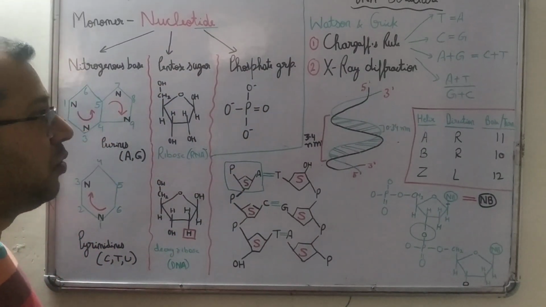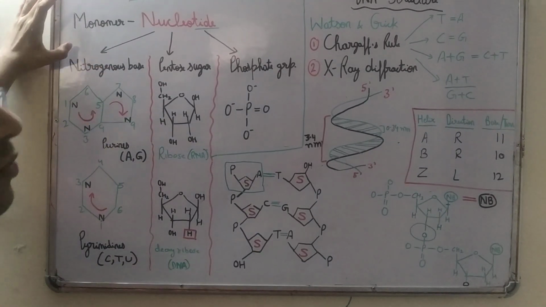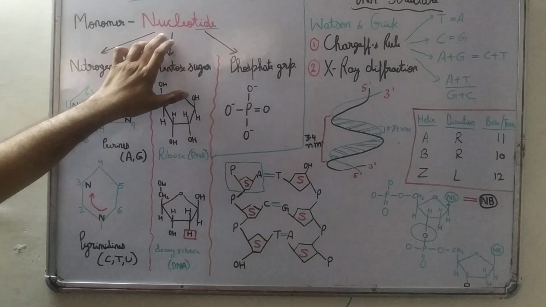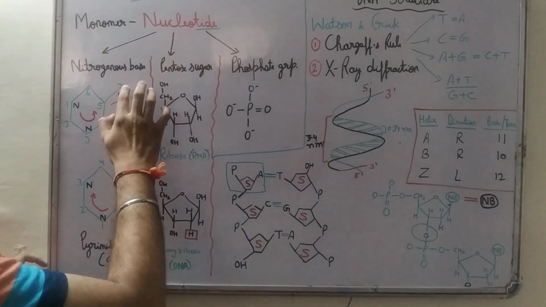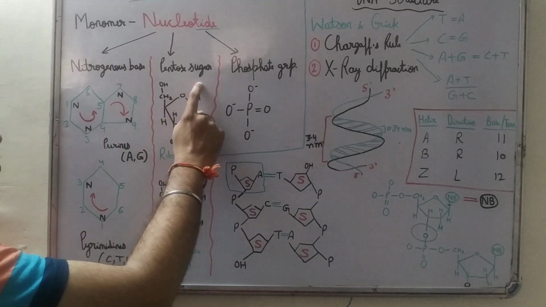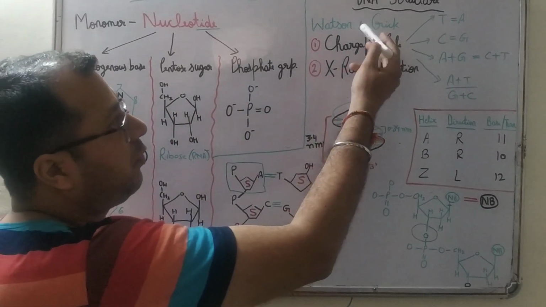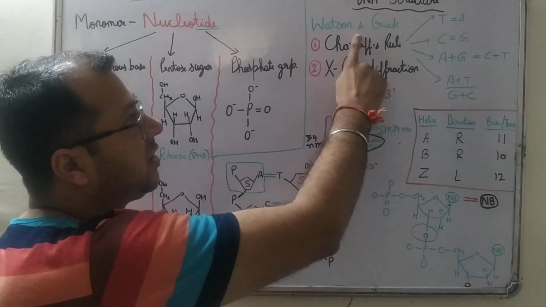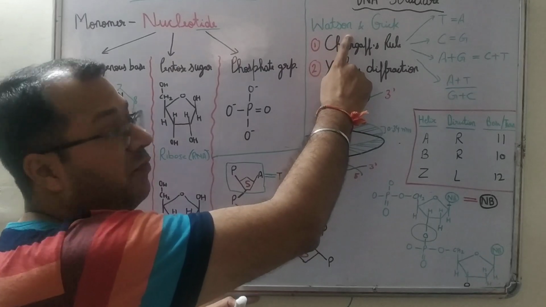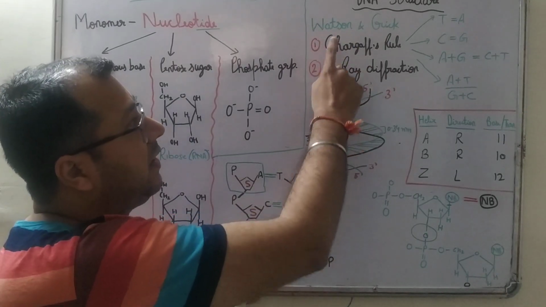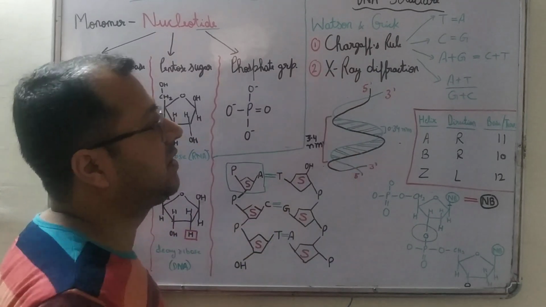So this covers our basic information about the nucleic acids, that is their composition, their monomeric unit, the nucleotide, and the nucleotide itself is composed of the nitrogenous base, pentose sugar, and the phosphate group. We studied the basic structure of DNA, the double helical structure proposed by Watson and Crick, and the results were based on Chargaff's rule and the X-ray diffraction study.